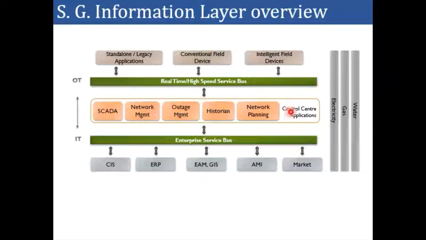So all these applications fall under operational technology. So the initial layer at the control center will comprise operational technology applications, where the data comes from the field and accordingly is shared by the operational technology applications.